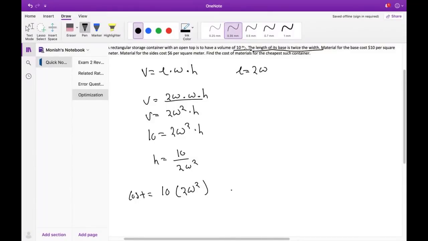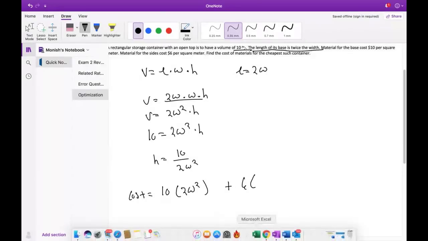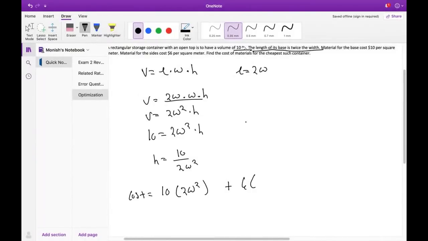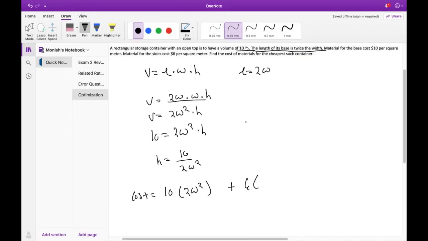Okay, and then also for our cost is going to be $6 for the sides. So everything that's not the base. So what would I include here? 6 times 2WH plus 2LH. Because it's an open container, you have 5 total sides.